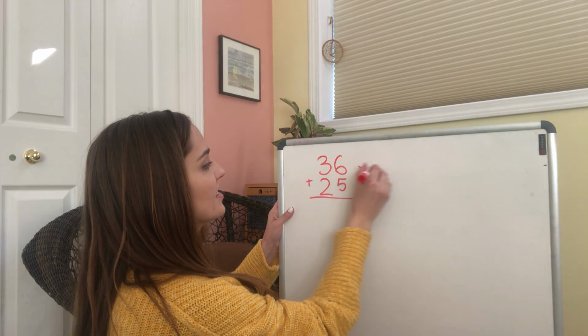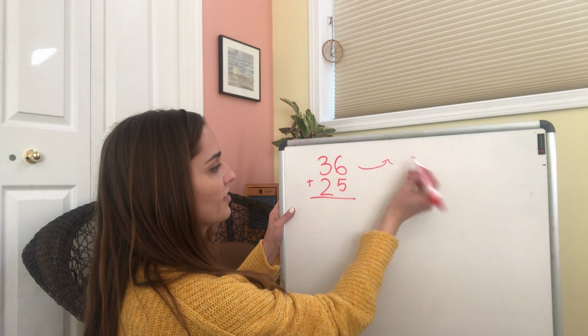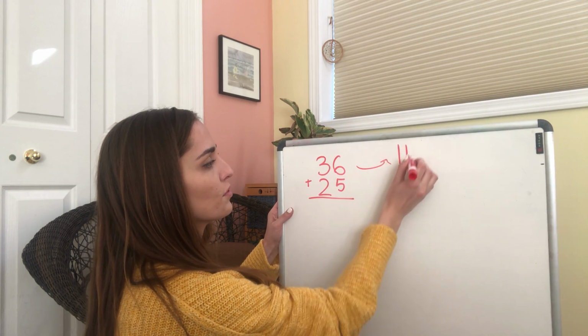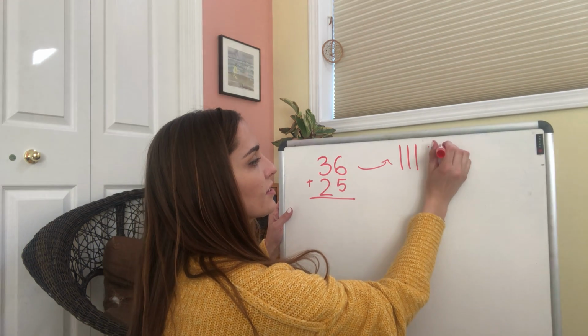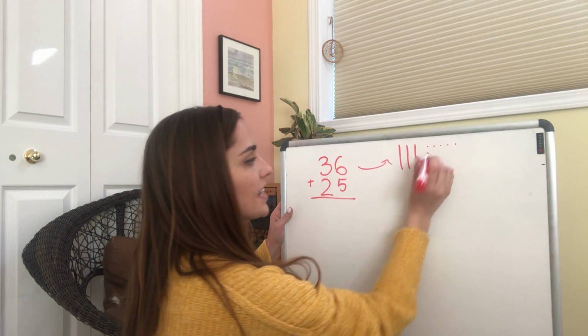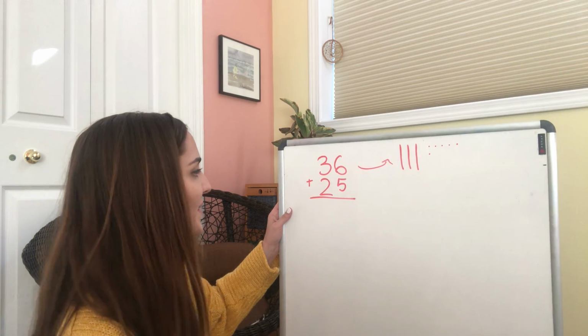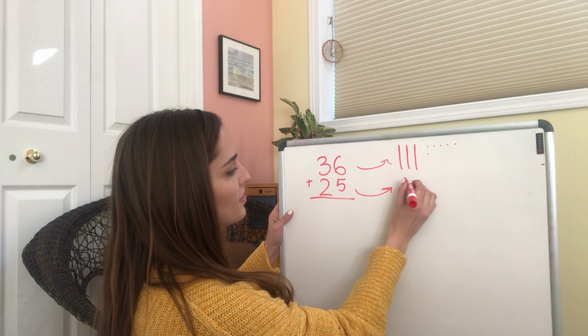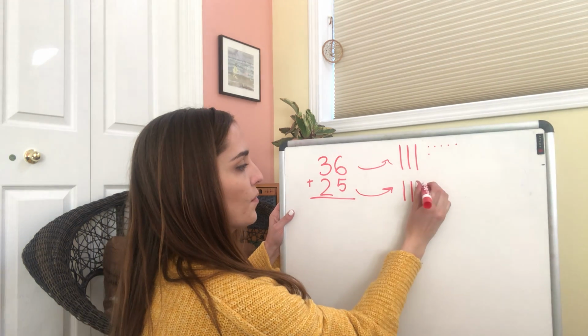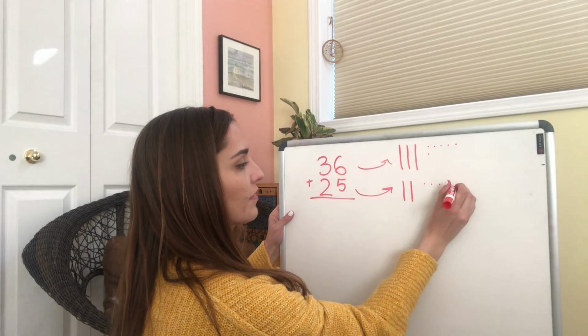So I'm going to draw 36 over here. We have 1, 2, 3 10s, and then 1, 2, 3, 4, 5, 6 ones. I'll do the same here for 25. We have 1, 2 10s, and 1, 2, 3, 4, 5.